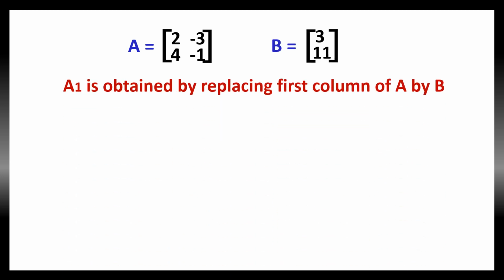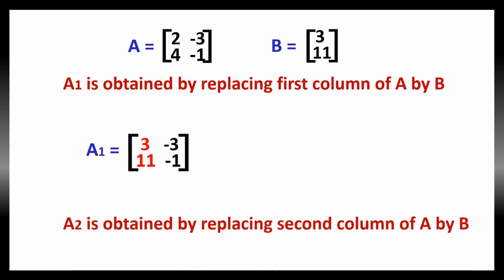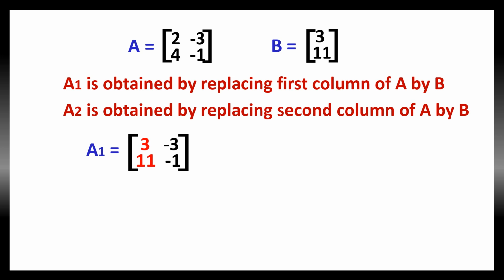Now we have to find A1. That is obtained by replacing the first column of A by B. So, A1 will be equal to matrix of 3, minus 3, 11, minus 1. Next, we have to obtain A2. A2 is obtained by replacing the second column of A by B. So A2 is equal to matrix of 2, 3, 4, 11.